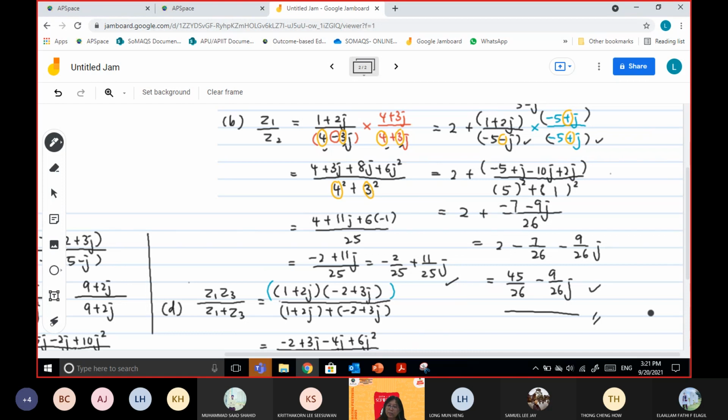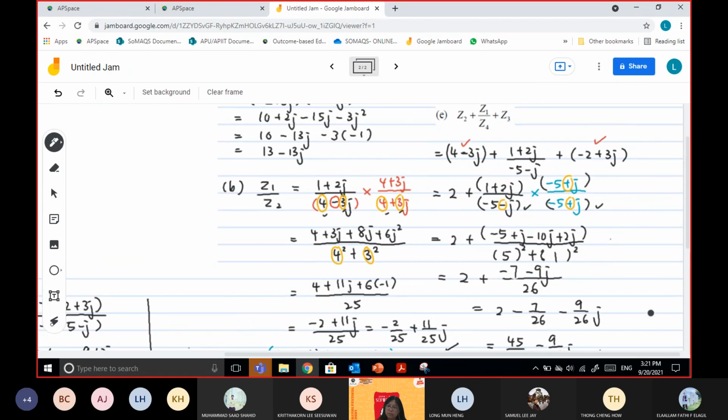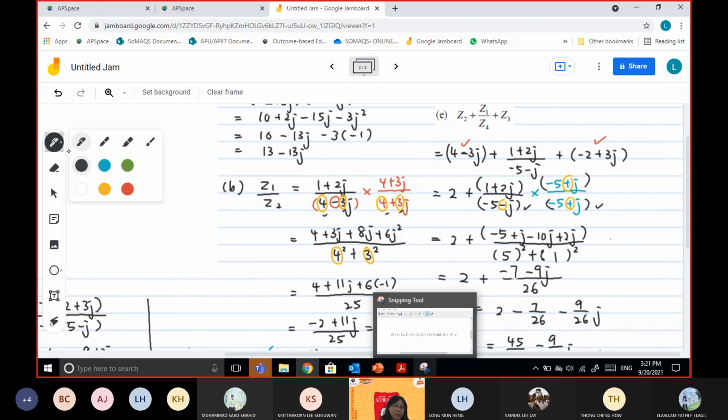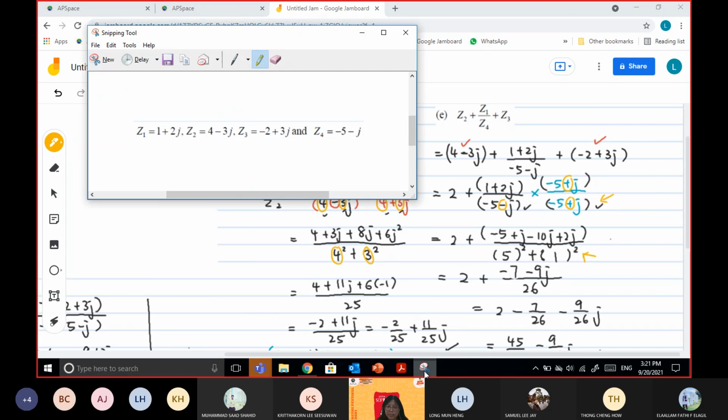Ma'am, can you explain that part, how 5 square plus bracket 1 bracket close 1 square? I think you are asking for this part, right? Yes, ma'am. Let me explain it again.